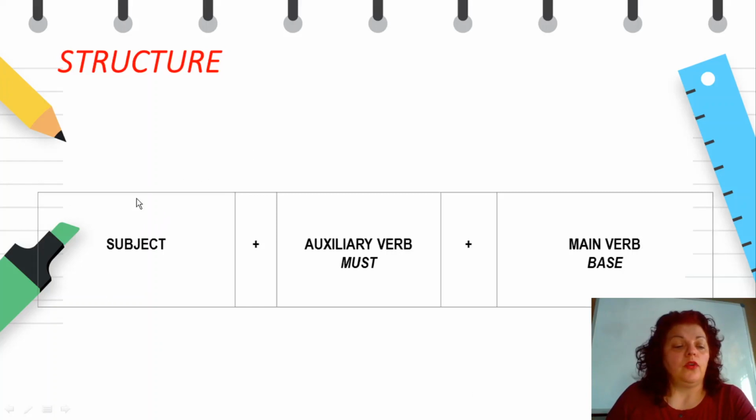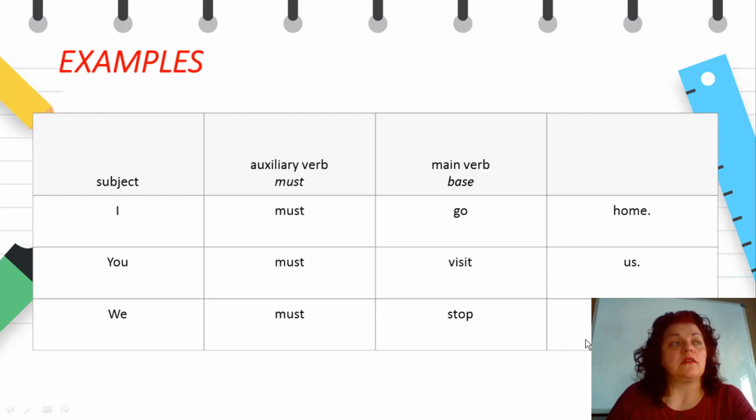Okay, so as we already noticed, we are talking about the structure: subject plus auxiliary verb must plus main verb in the base form. Here are some examples. I must go home. As you can see, subject, auxiliary verb and the main verb.